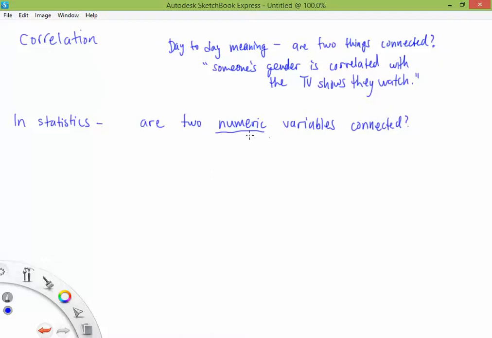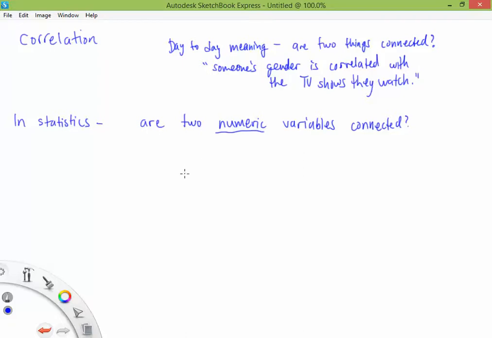So here, this is the important part, numeric variables connected. So when we go back to here, someone's gender, is gender a numeric variable? No, it's categorical. You are either male or female or neither. And so that's a categorical variable. And so we cannot apply correlation in the statistical sense to this question.